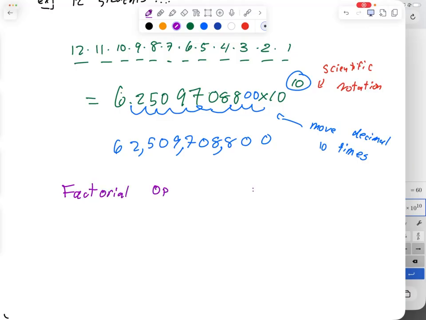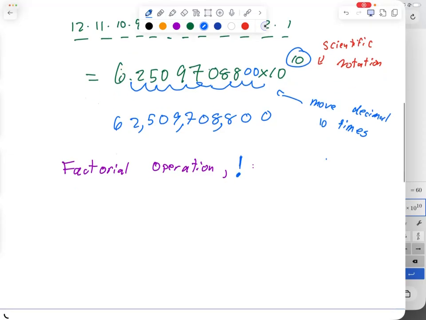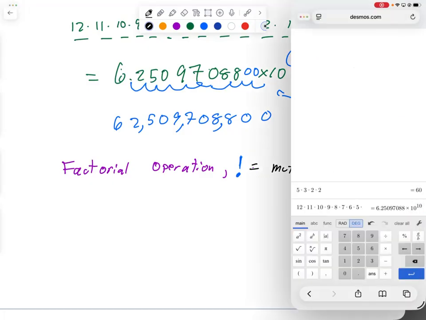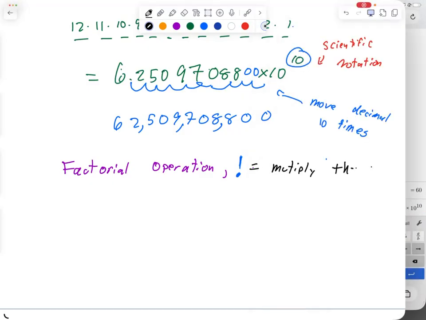the factorial operation, which is written as an exclamation point. It means to multiply the descending numbers down to 1.